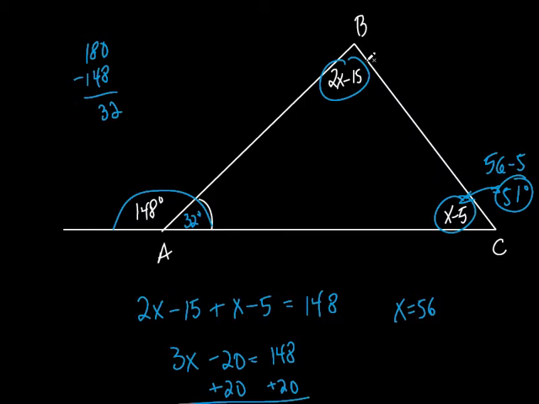Angle B, you could do it two ways, couldn't you? You know this is 32, don't you? And you know this is 51. So you could take them both away from 180 to get this. Or you could just plug in a 56 to this. What do you think might be easier? I think it might be easier just going 180 minus 32 minus 51. Wouldn't you? Because you already know this angle and this angle, right?